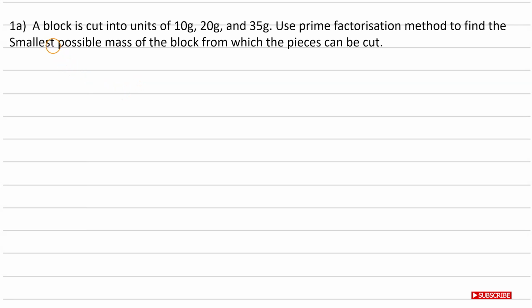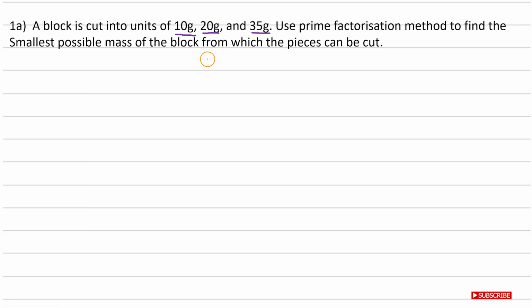For part 1a, we're told a block is cut into units of 10 grams, 20 grams, and 35 grams. Use the prime factorization method to find the smallest possible mass of the block from which the pieces can be cut. So we have three pieces: 10 gram, 20 gram, and 35 gram.